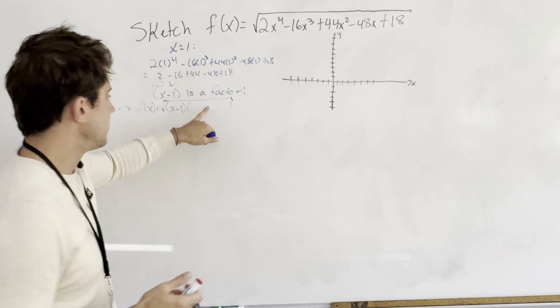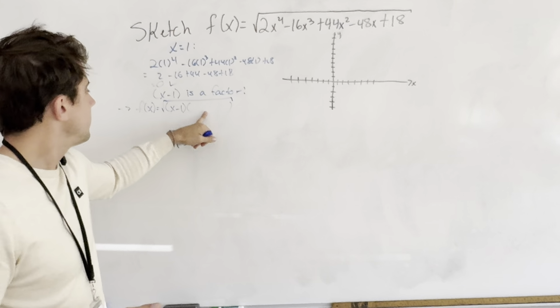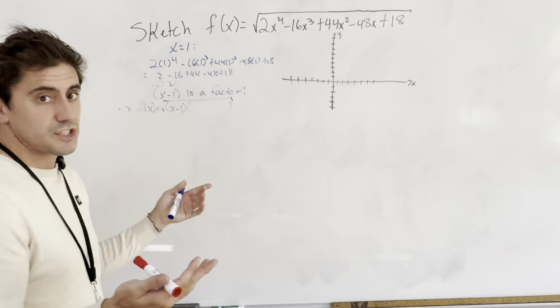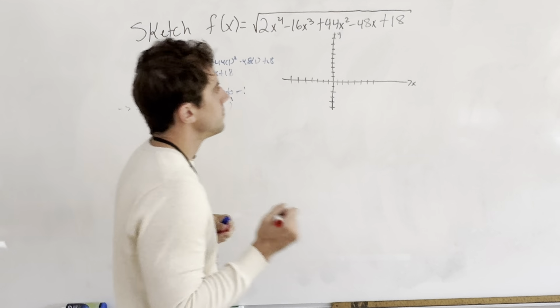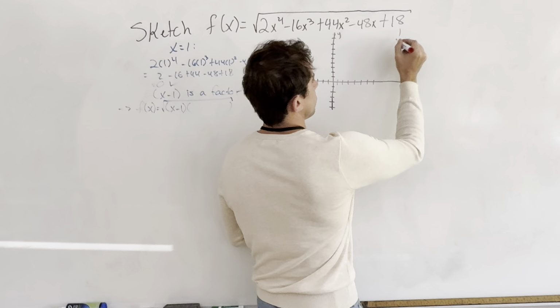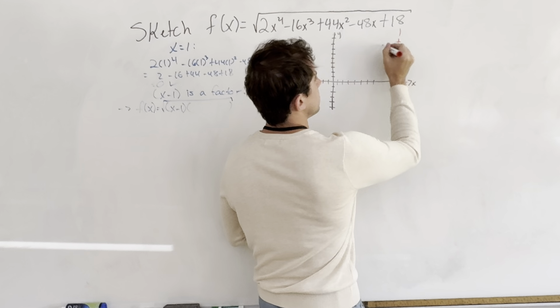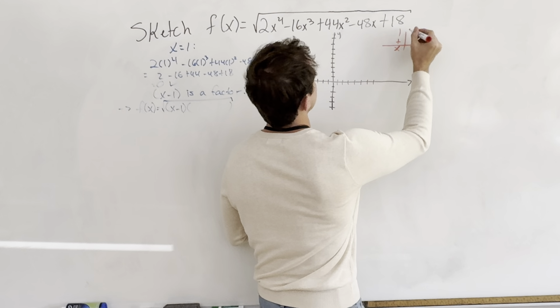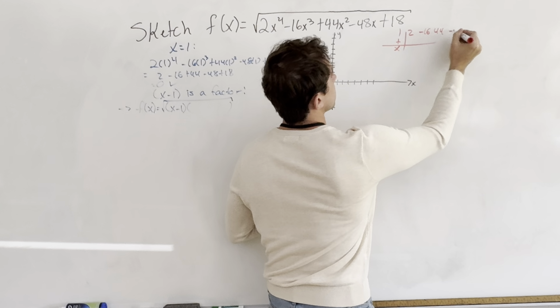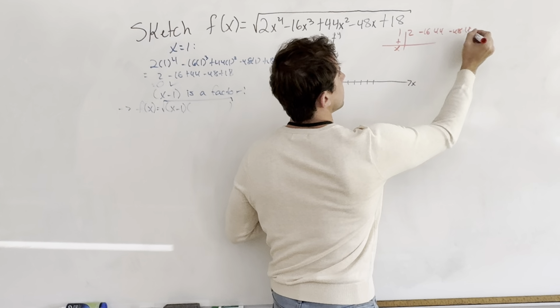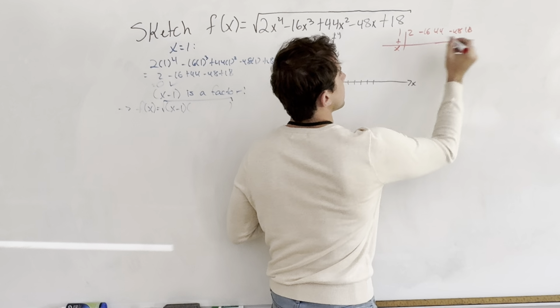So to find this resulting cubic function, let's divide using synthetic division by the factor of x minus 1, meaning that we have a root at 1. In synthetic division, our coefficients are 2, negative 16, 44, negative 48, and 18.